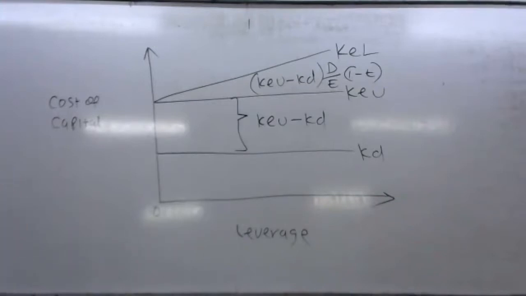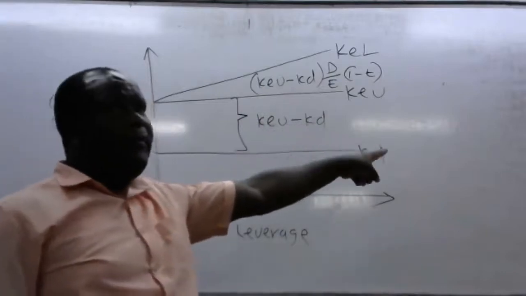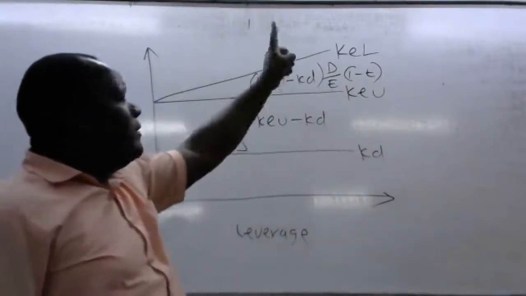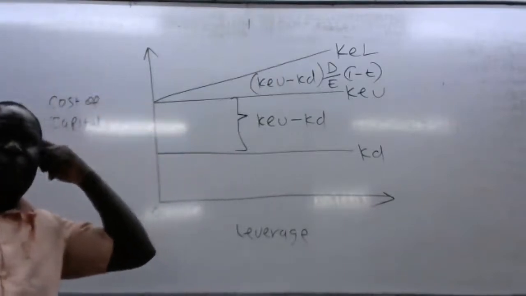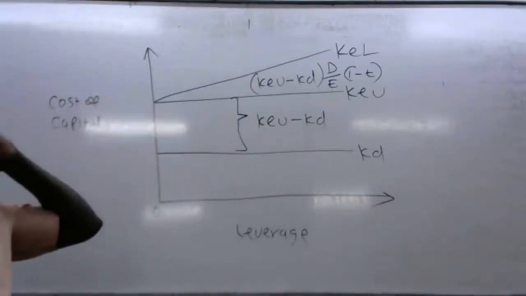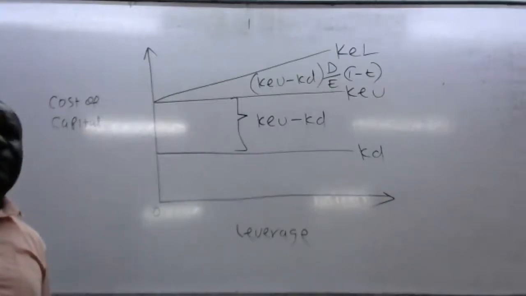So KEU is the cost of equity of the unlevered firm. KEL is the cost of equity for the levered firm.